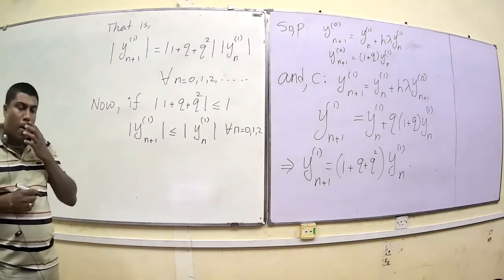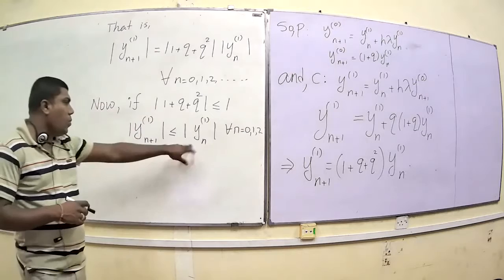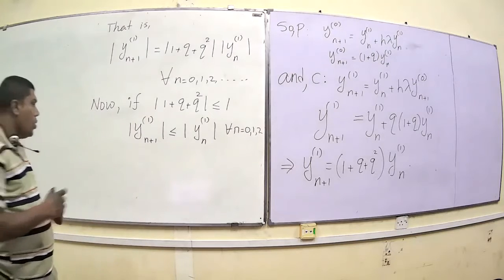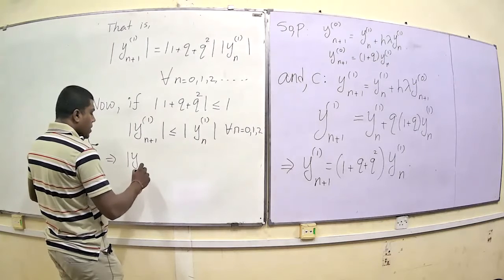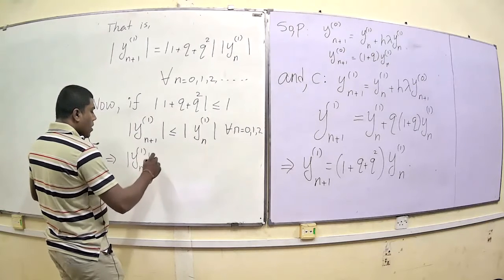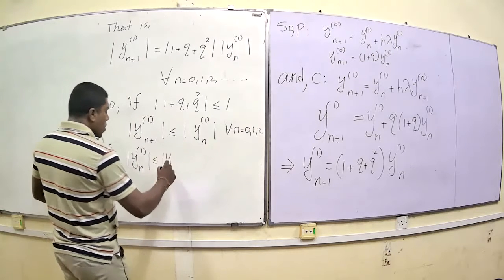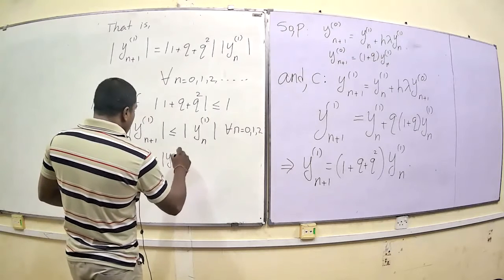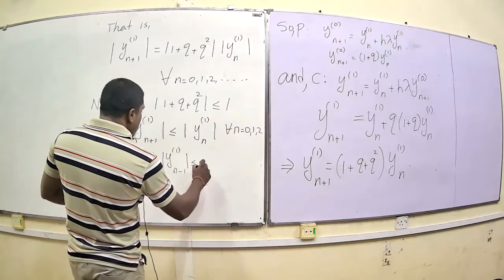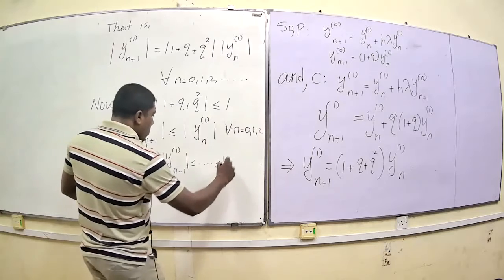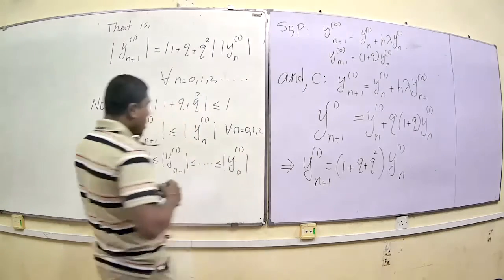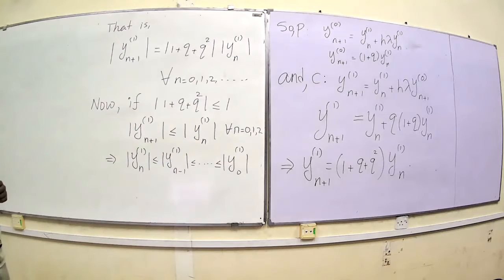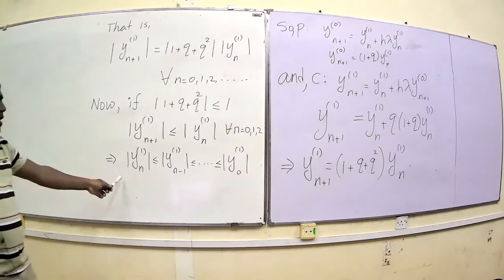And if this is true, then the absolute value of y_n is less than or equal to the absolute value of y_{n-1}, and so on, less than or equal to the absolute value of y_0.